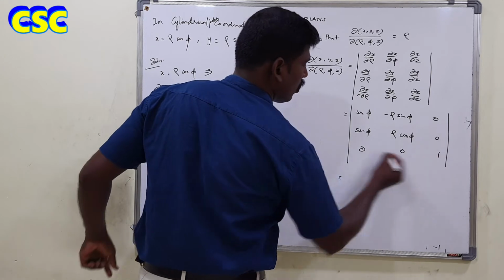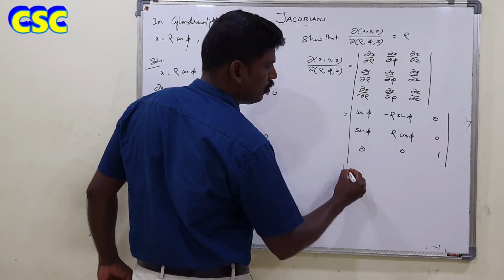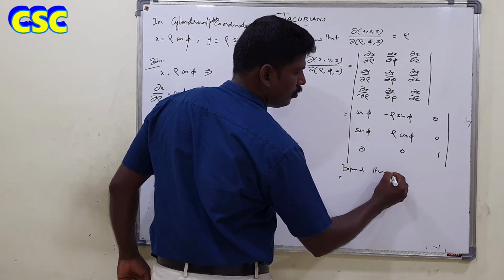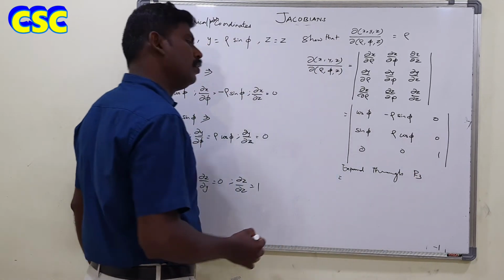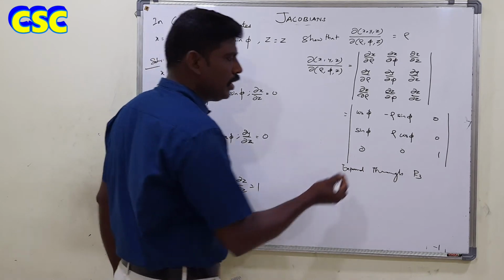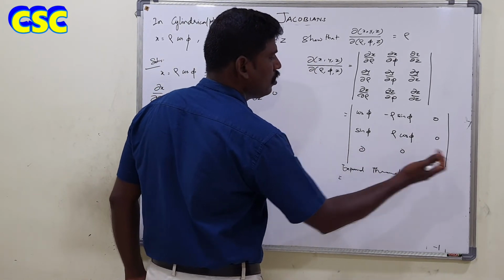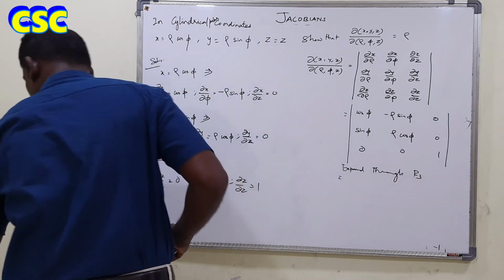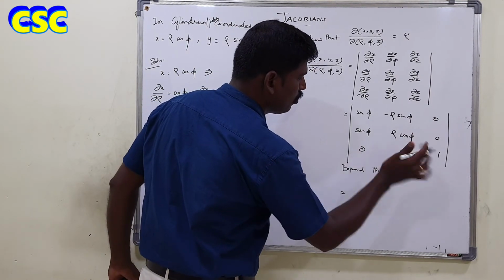So look at R3, two terms are 0. So expand through R3. We can expand through R1, R2, R3, C1, C2, C3, anything like that. Here in R3, two terms are 0, so it is easy to find the determinant value. That's why I am expanding through R3, right? First term 0, so everything will be 0.